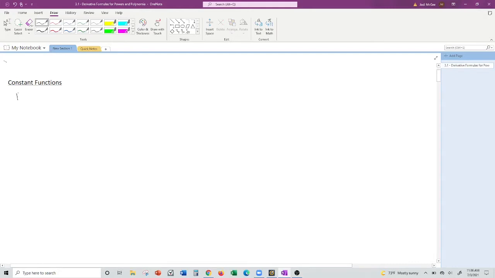So if we have a function f of x, which is equal to k being a constant, this describing, again I apologize, a horizontal line at y is equal to k, then we have f prime of x is equal to 0.